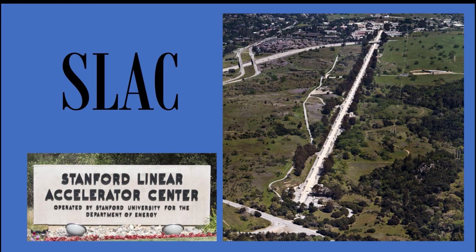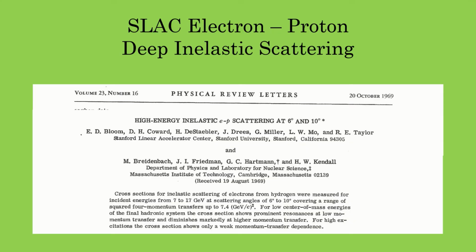In 1967, particle physicists from MIT and Stanford began collecting data from experiments done in the newly built Stanford Linear Accelerator Center, or SLAC. The experiments, called deep inelastic scattering, fired extremely high-energy electrons up to 30 GeV at stationary proton targets.